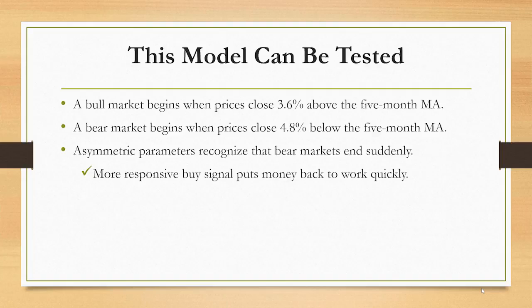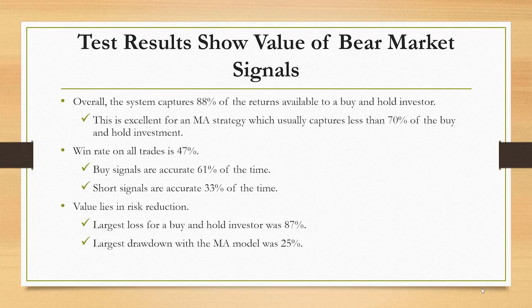The asymmetric parameters are very important to this model. They recognize that bear markets end suddenly and prices tend to rally sharply. By having a shorter period of time until we can get back in, we're able to minimize risk while maximizing potential gains. Now, we can test this.